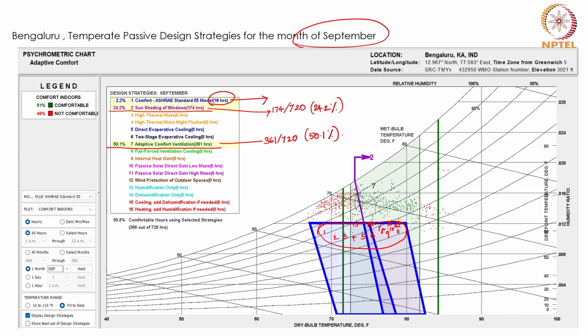Therefore, by using only passive strategies, we will be able to make 51% of the hours for the month of September as comfortable. So, only 49% of the hours remain uncomfortable during the month of September if we adopt only simple passive strategies.